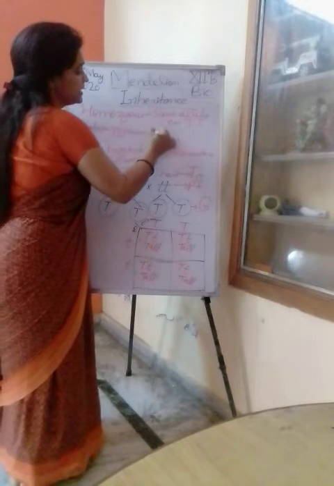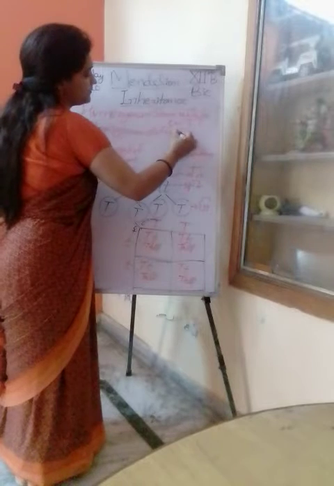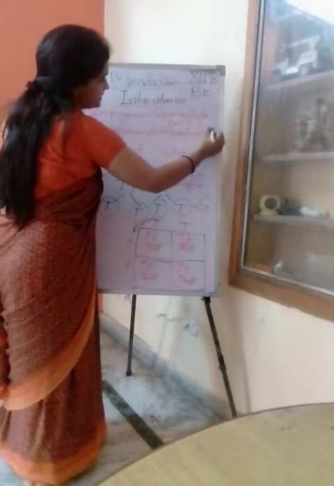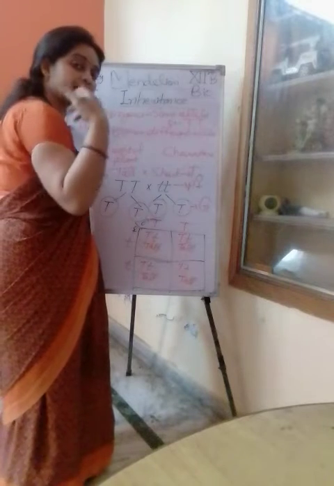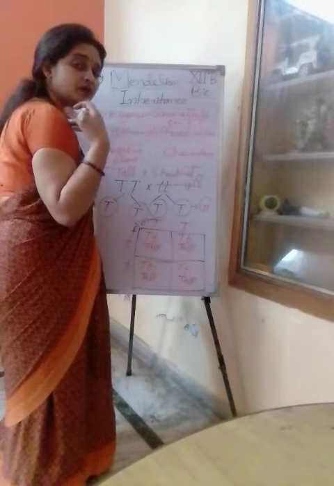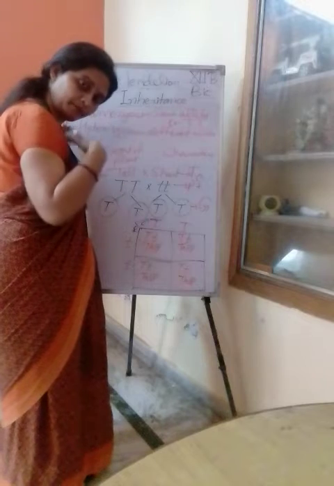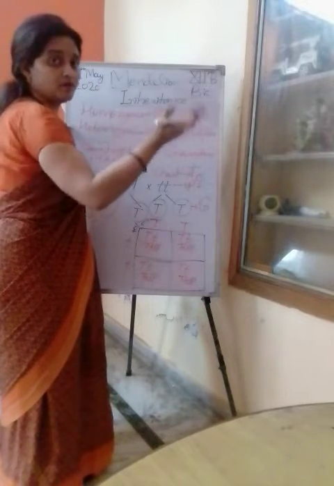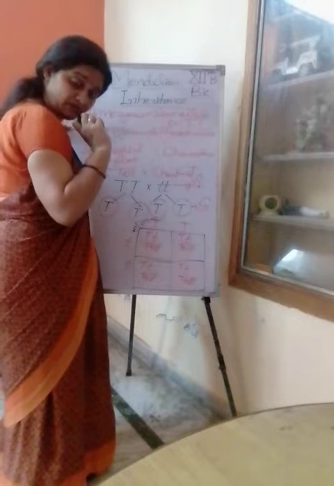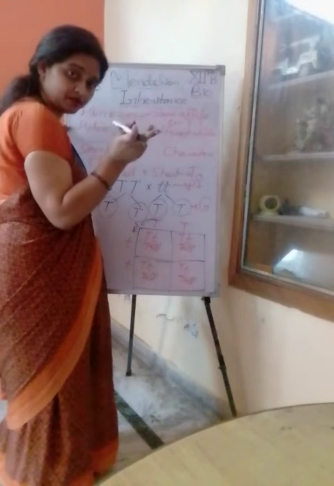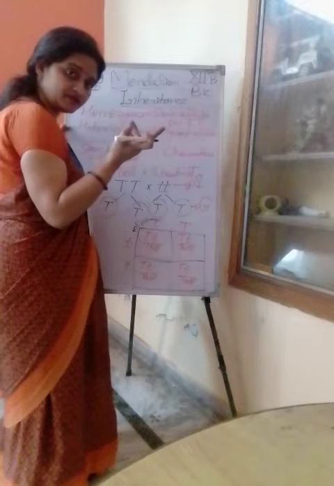Hetero means different alleles. You may say that you are different from your parents. You are heterozygous because some chromosomes come from your mother and some chromosomes come from your father. So you are heterozygous. You are the mixture, the hybrid from your parents.